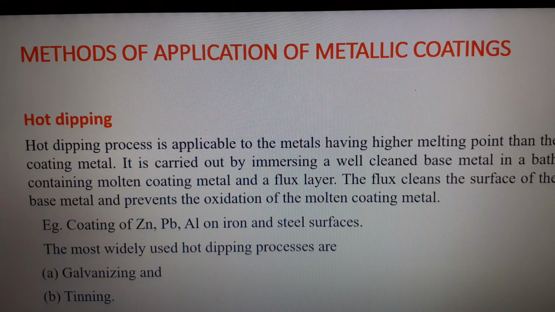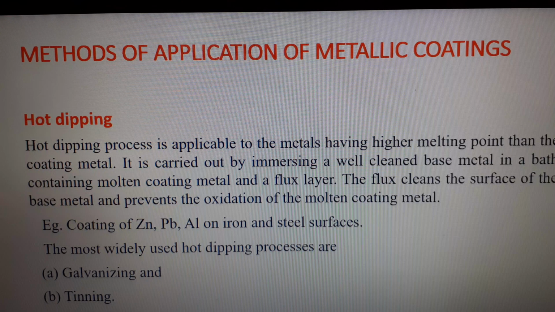Now, in this, let's study hot dipping. So, hot dipping is used for producing a coating of low melting metals such as zinc, whose melting point is 419 degrees Celsius, and tin, that is 232 degrees Celsius, lead and aluminium, on iron, steel and copper, which have relatively higher melting points.